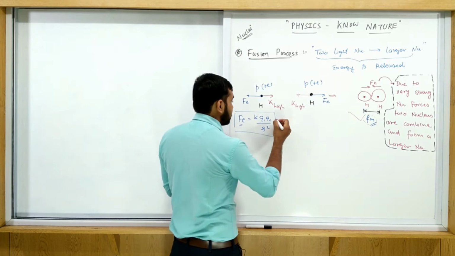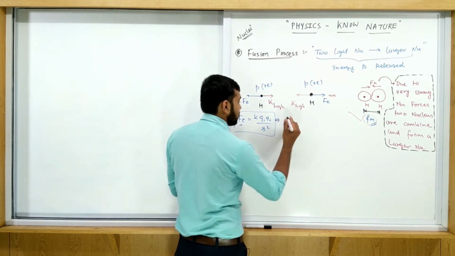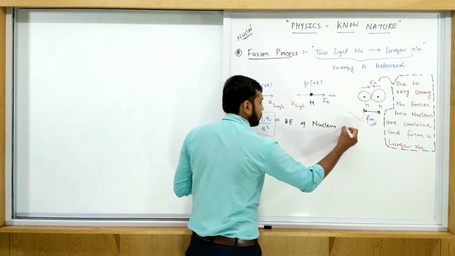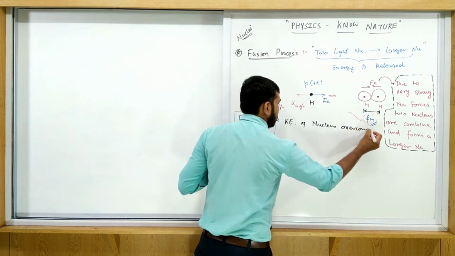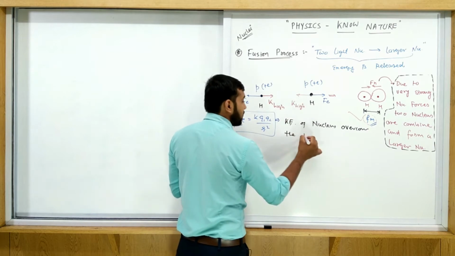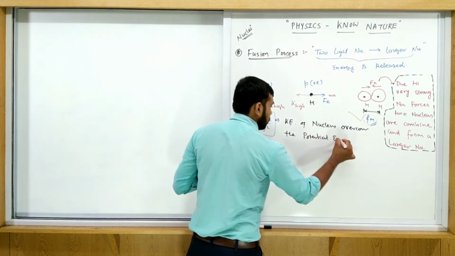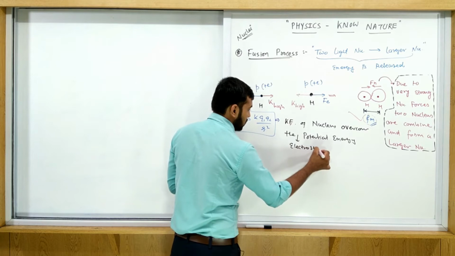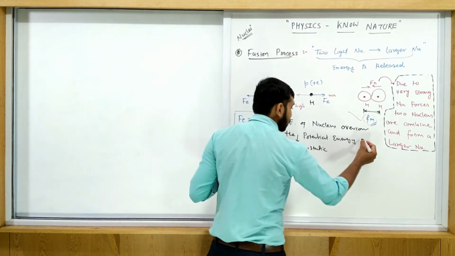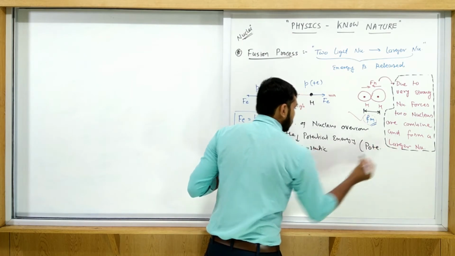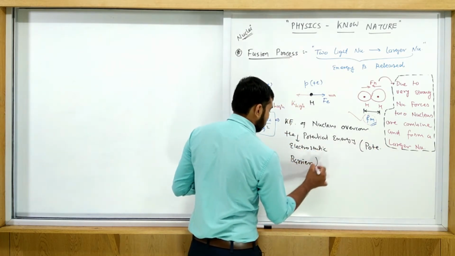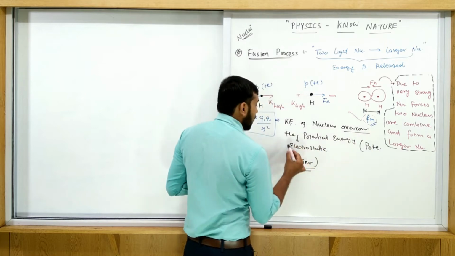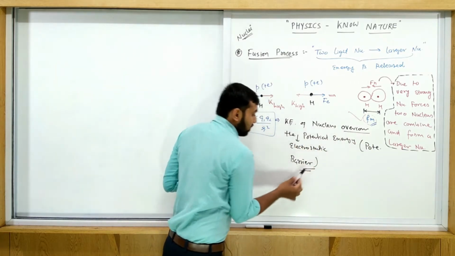So the kinetic energy of the nucleus overcomes the potential barrier, actually the electrostatic potential energy, we call it the potential barrier.